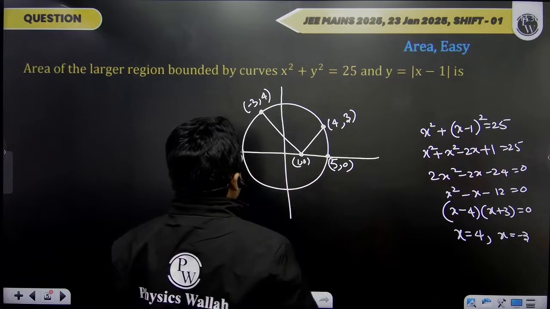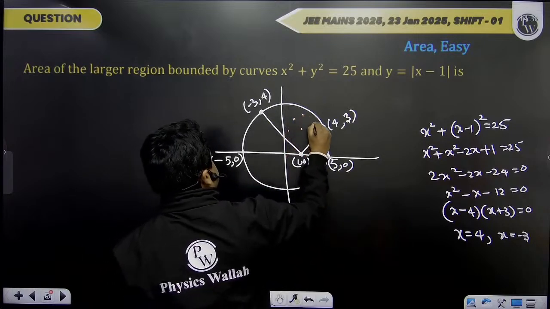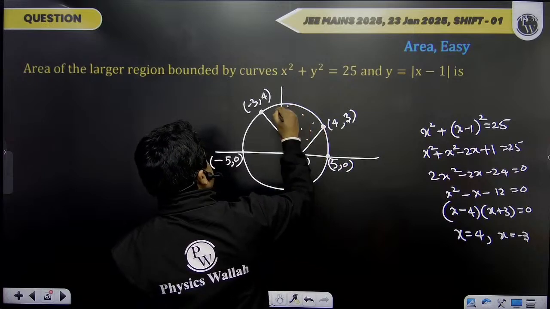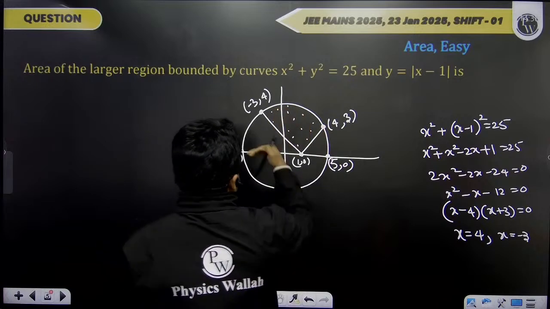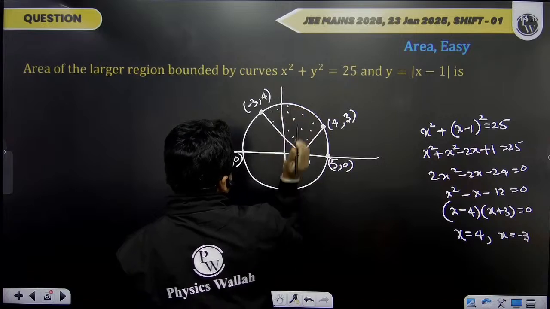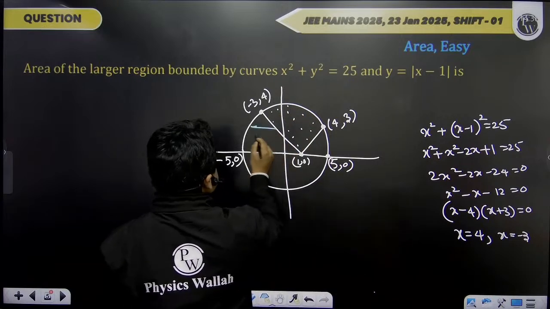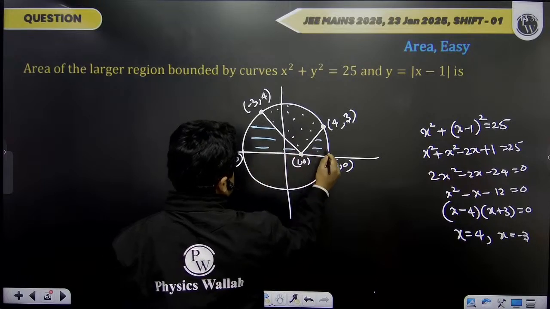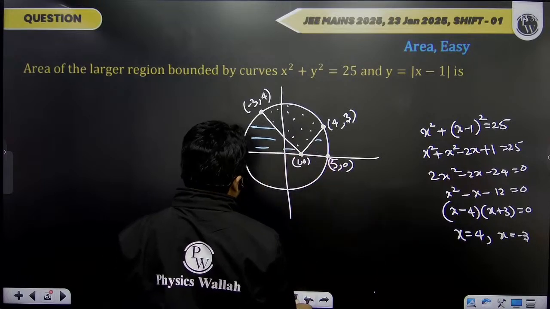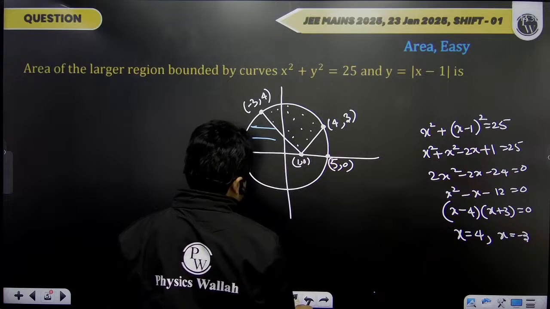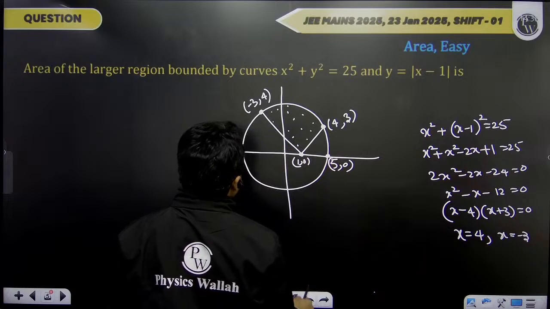So now if I have to concentrate on this area, then for this area, first from the half circle, we will subtract the area of this part. So for that, what we can do, we can divide the region in 3 parts.